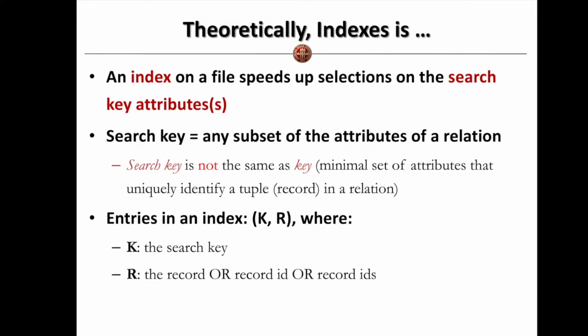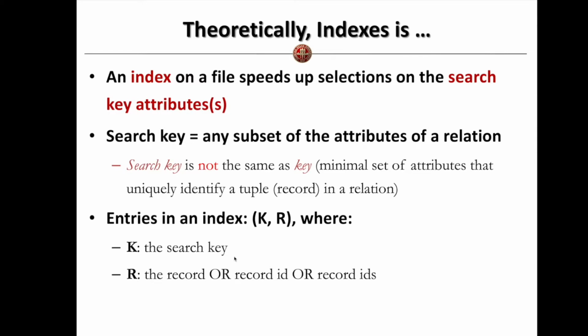So given a search key, we can return a bunch of records matching the search keys. Therefore, the entries in an index table can be represented as a tuple with both the search key as well as the records matching the search keys. The header key denotes the search key. It is any subset of attributes of a relation. This R denotes the record ID or IDs matching the search keys.